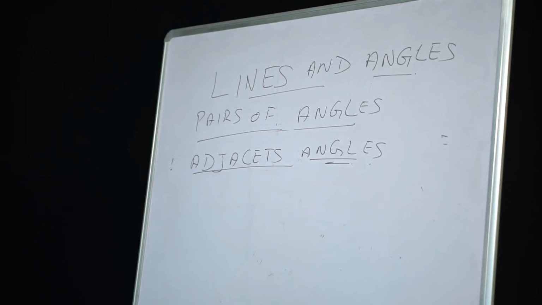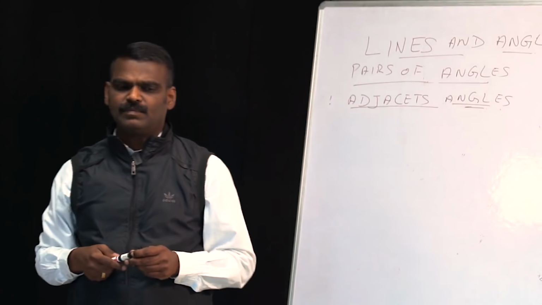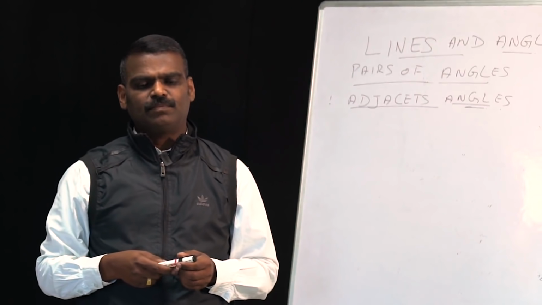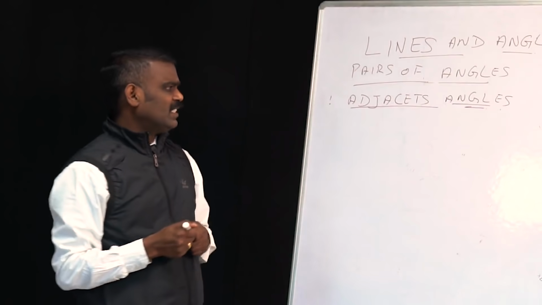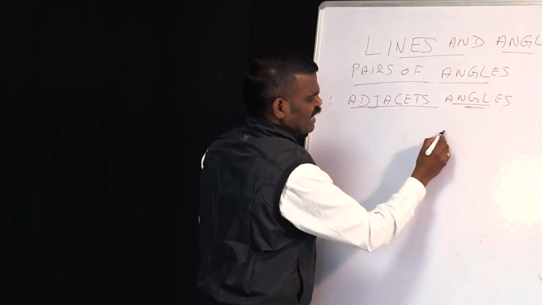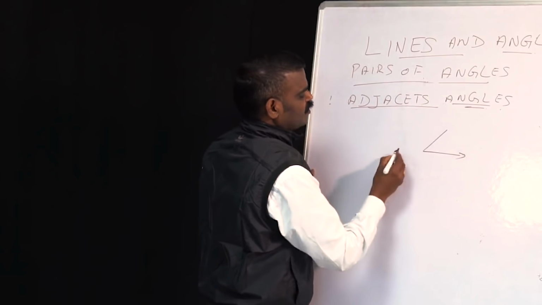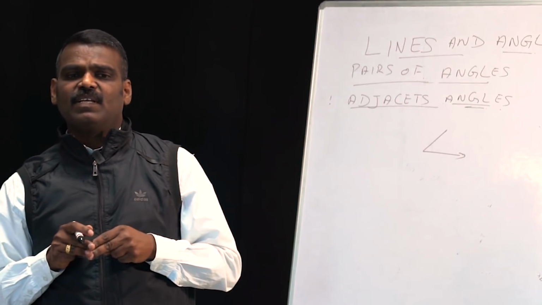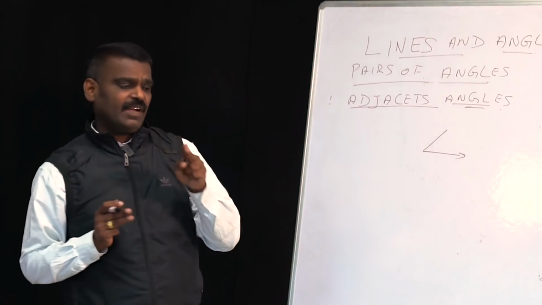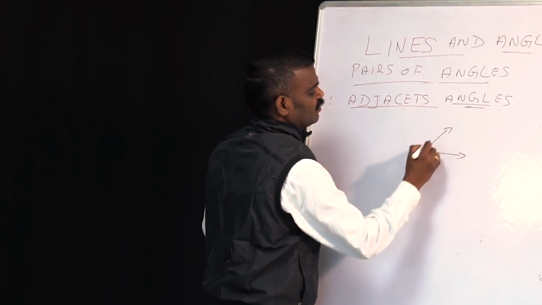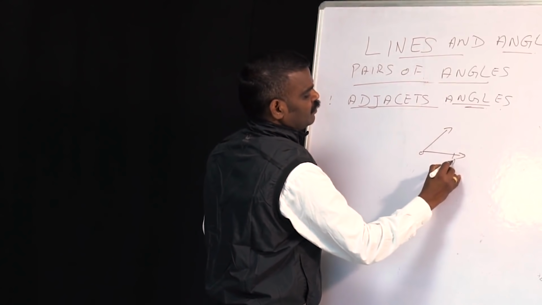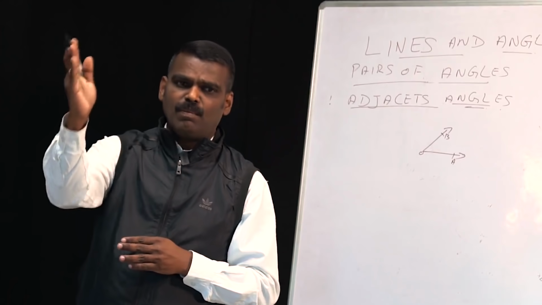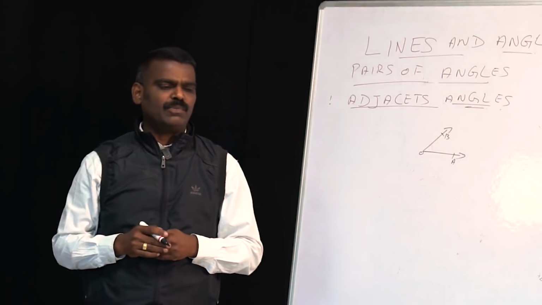Adjacent, this word is very common. Adjacent means what? Immediate next to you. That is called the word adjacent. So, adjacent angles means immediate next angles. Two angles are called adjacent angles if they have a common ray, or we can call it arms, common arm or common ray, both can be used.